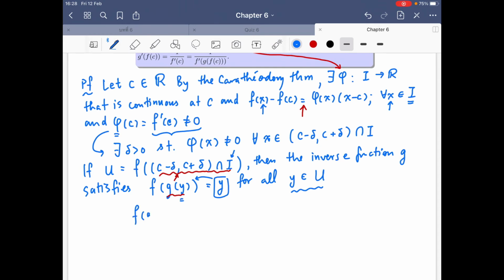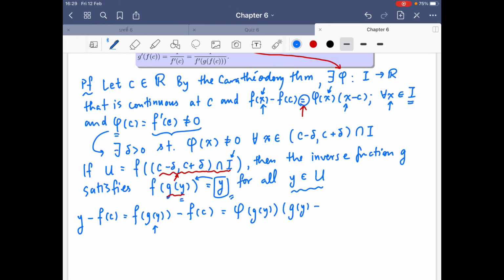So your f of g(y) minus f at c. However, your f at g(y), from this equation, is the y itself, minus f at c. And from this relation we got phi of the same point here. You see f at x and phi at x, but right now your x is replaced by g(y), so this one is your phi at g(y), and then this one is x again, but your x is replaced by g(y) minus c.